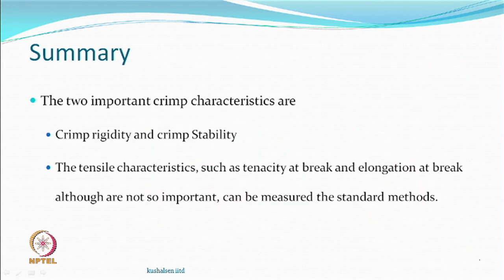So, the important crimp characteristics are therefore crimp rigidity and crimp stability. We mentioned the tensile characteristics such as tenacity at break and elongation at break, although these are not so important, because generally during use your yarn is not going to be extended to that level.